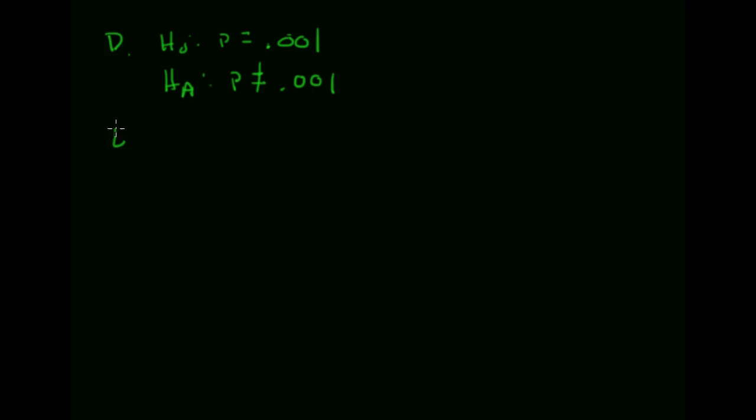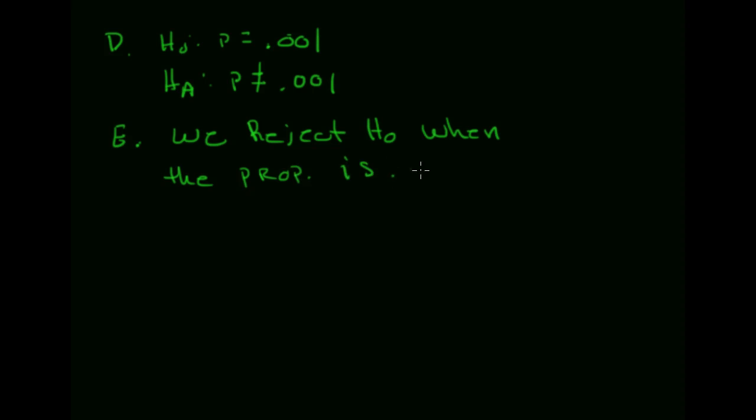All right, so type 1 error is always we reject the null hypothesis when the proportion is 0.001.